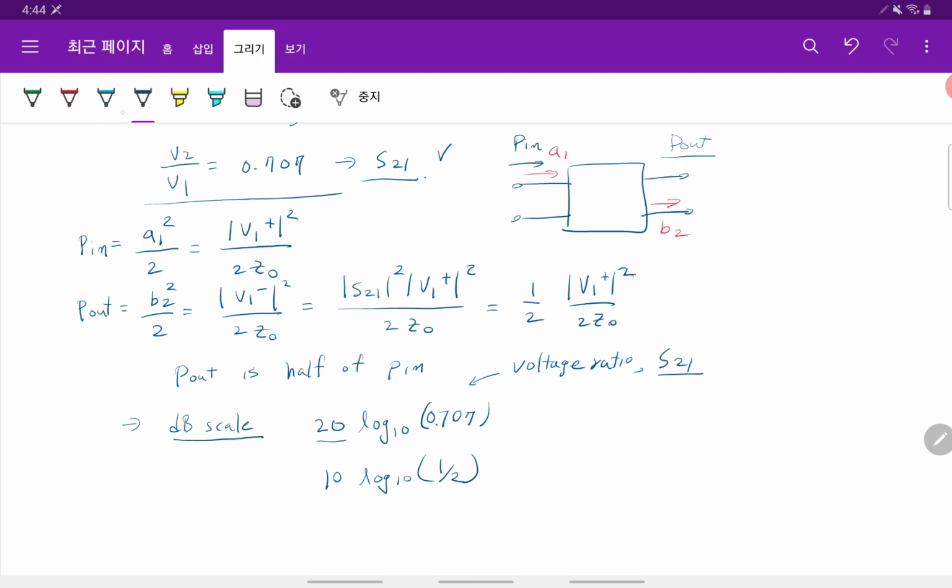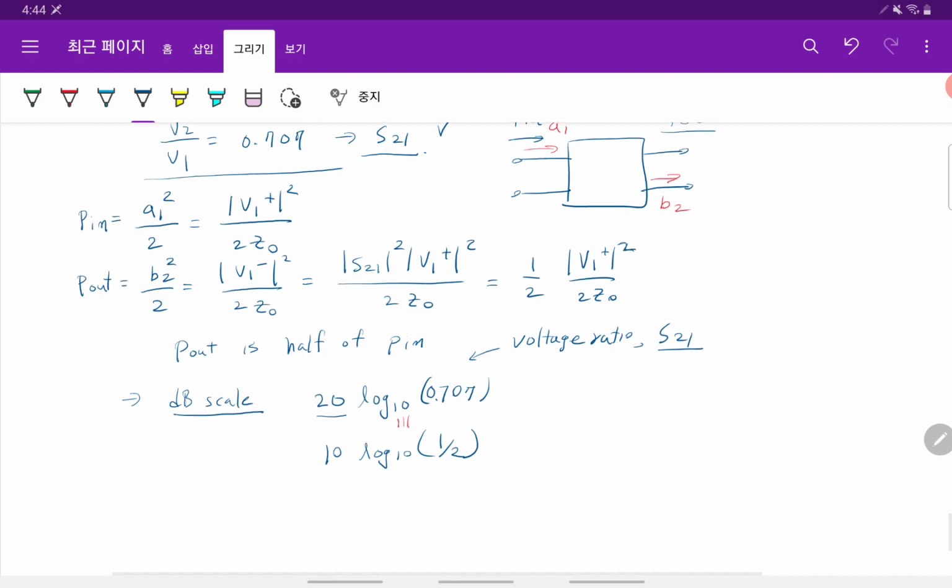So basically this is the same, right? This is the power ratio. So if we use the power ratio, we only put 10 here. So both are providing minus 3 dB. If we put it in the calculator, you will see minus 3 dB.